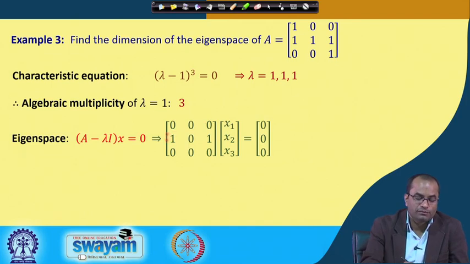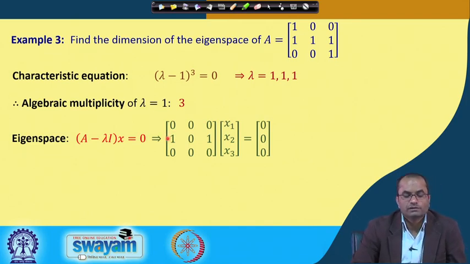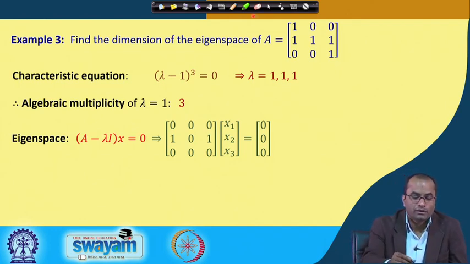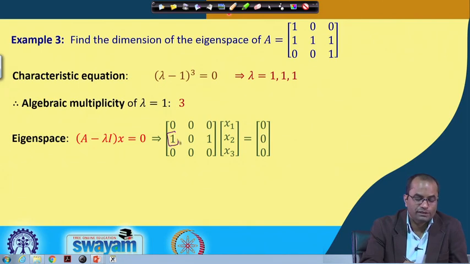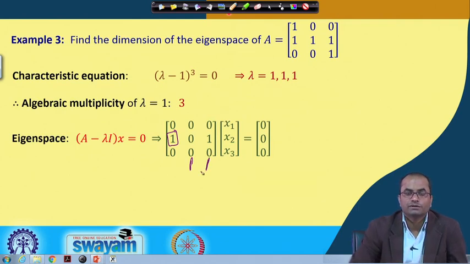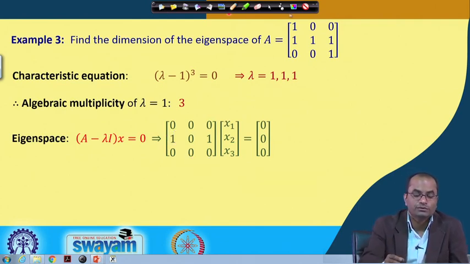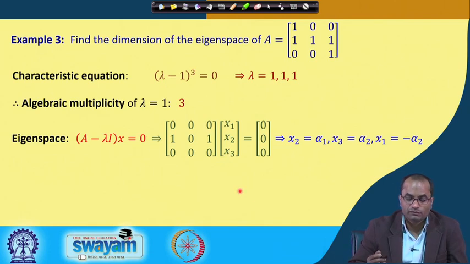In this case there will be only one pivot. The first column will have the pivot, and the second and the third will be free variables. So, there are 2 free variables, meaning 2 linearly independent eigenvectors.